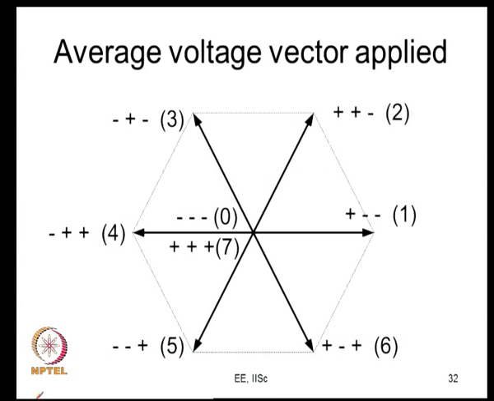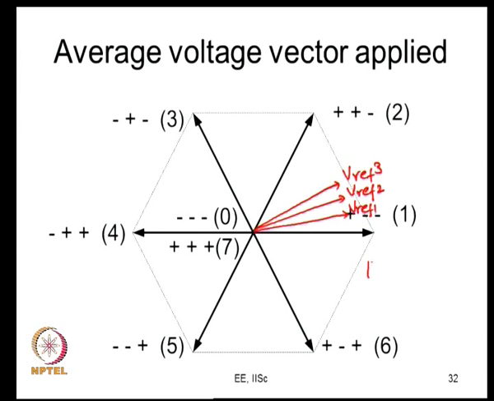So, what we can say is, you have a situation where we are applying vectors like this. Let us call these Vref1, the vector which we are applying in one subcycle, Vref2 as the vector we are applying in another subcycle, Vref3 as the vector we are applying in the next subcycle.